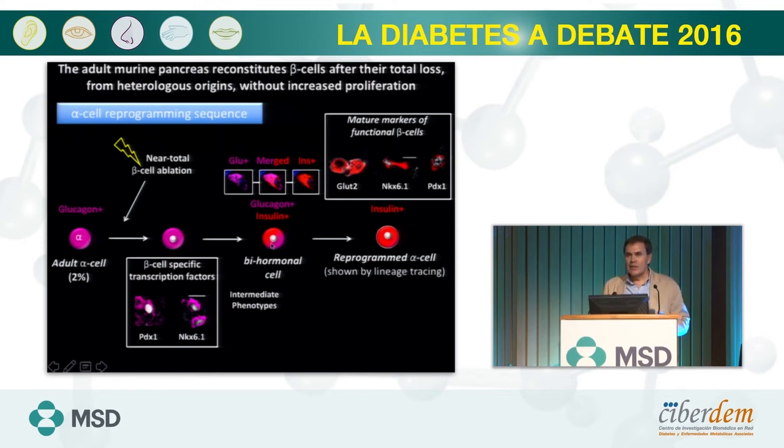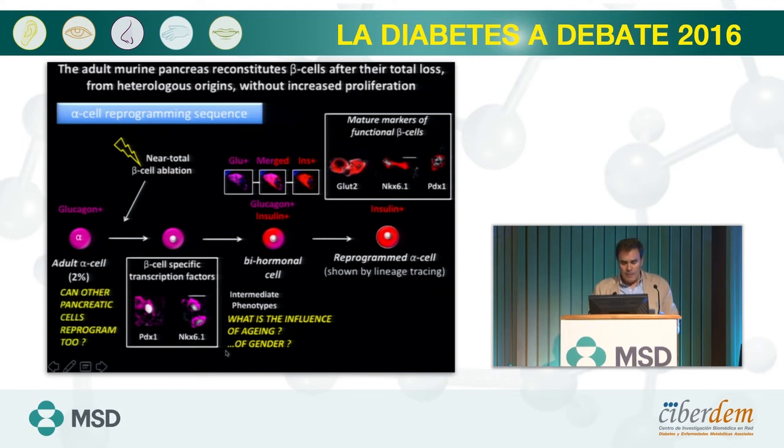They co-express glucagon and insulin before becoming fully reprogrammed alpha cells that make only insulin and express beta cell maturity markers. So the question that we are trying to address in my laboratory is whether this process is influenced by age or by gender, or whether other cells besides alpha cells can also undergo reprogramming into insulin production.